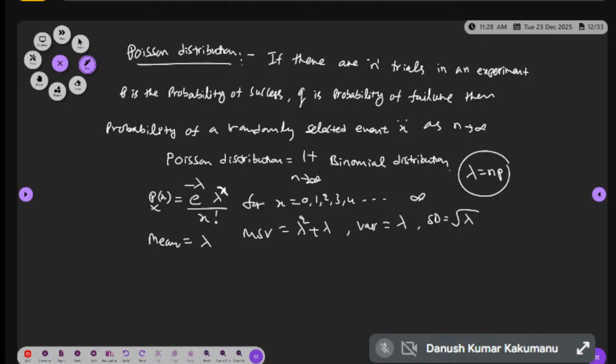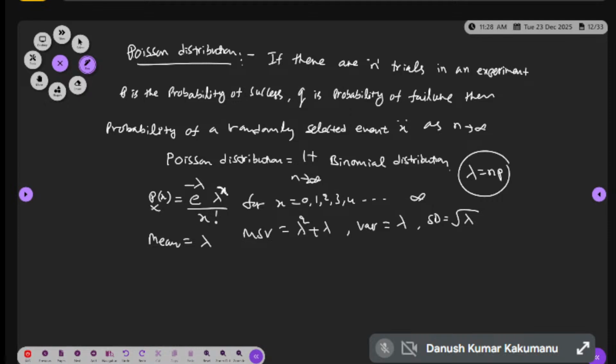That is also a previous GATE question. Which distribution has mean and standard deviation the same? Exponential. Mean, median, mode all equal? Normal distribution. They will ask such questions, and they also ask about the number of parameters.